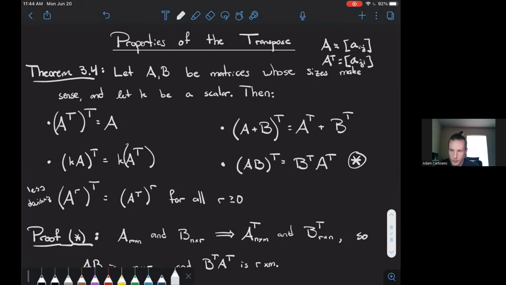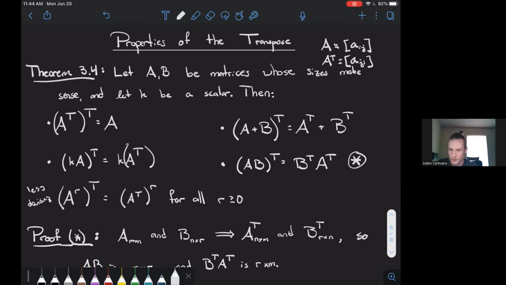Okay. Here's something that's crazy, which is that if you take two matrices, add them together, and then take the transpose, you could have taken the transpose of each one separately and then added them together. That's also less obvious, although it does kind of make sense once you think about flipping on the main diagonal and stuff.